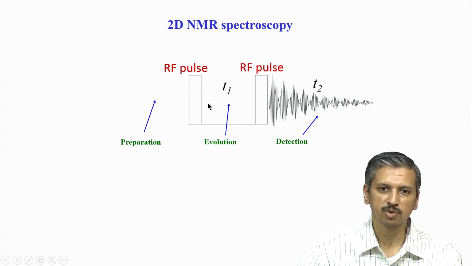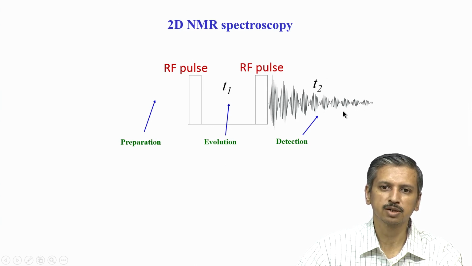Then you apply this RF pulse, and during this period we saw it is evolution, and once you evolve, this omega into T term will come. During the second RF period, during this period from here to here, that is during evolution, the magnetization is actually transferred from spin 1 to spin 2, spin A to spin B, and that results in another pulse which will cause it to excite the transferred nuclei, and that will now evolve with its respective frequency.